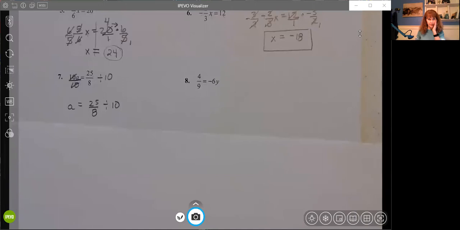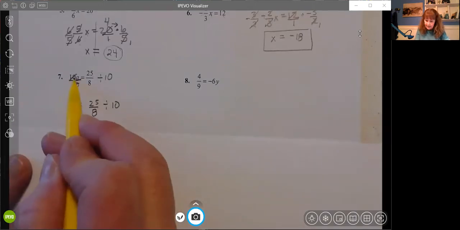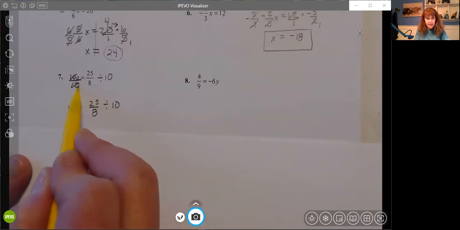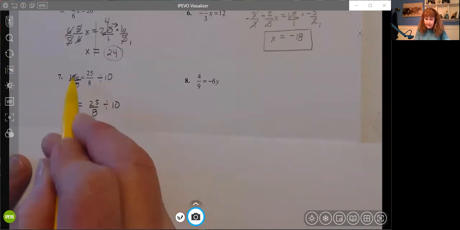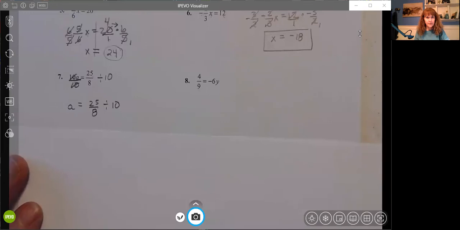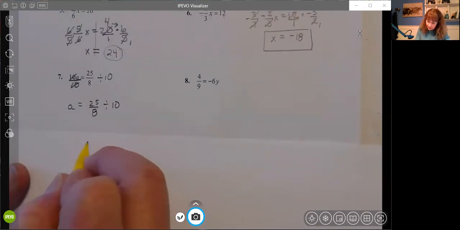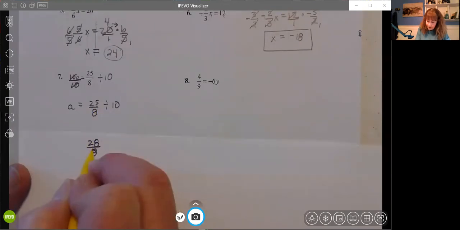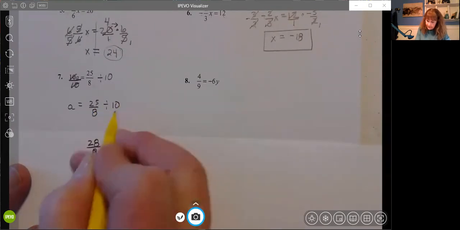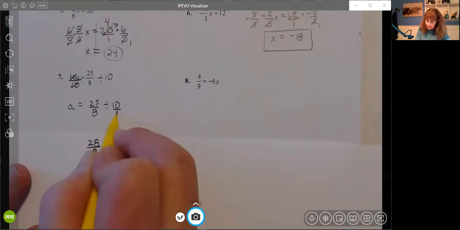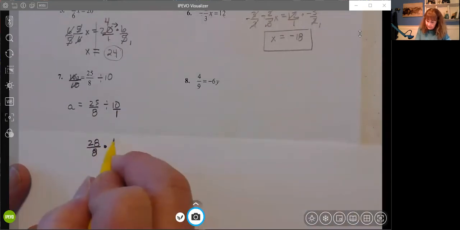In order to finish this, again, this was 10 times a. So I divided by 10 on both sides to get rid of that 10 in front. This leaves me with 28. I'm going to do a copy dot flip. This is 10 over 1, copy dot flip.